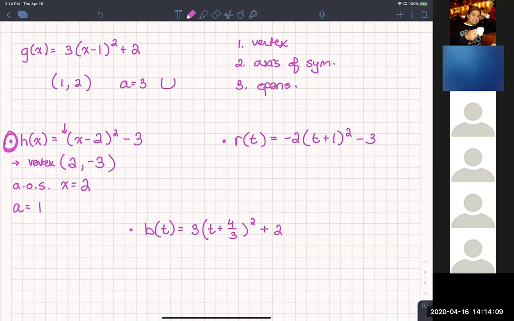Positive, which means it opens up. That's all you have to do, guys. Tell me the vertex, axis of symmetry, and which way it opens. If this is hard, just wait until about 10 minutes from now.